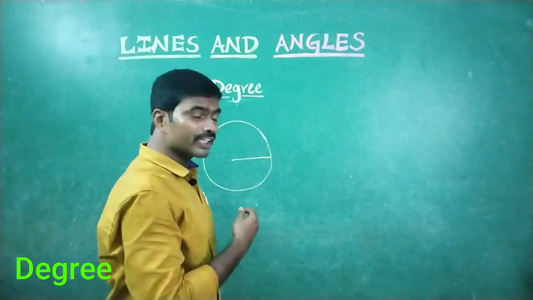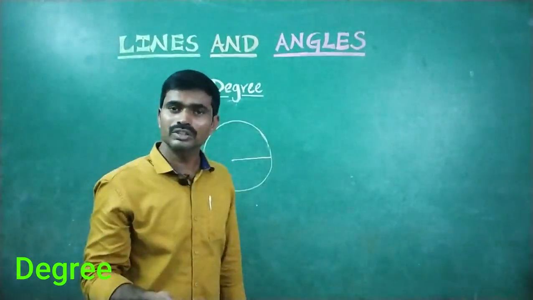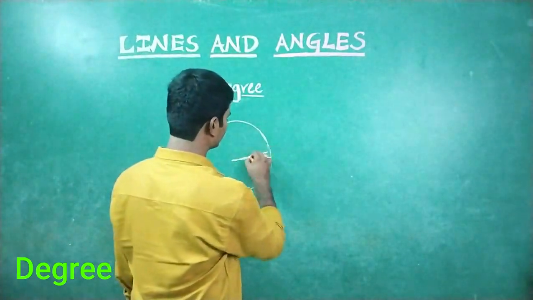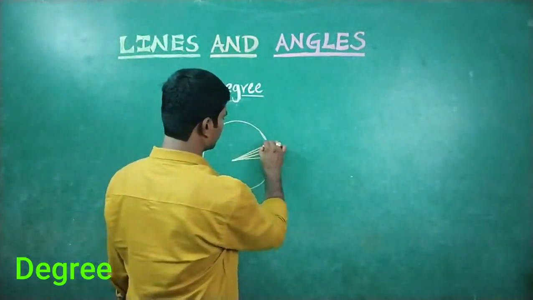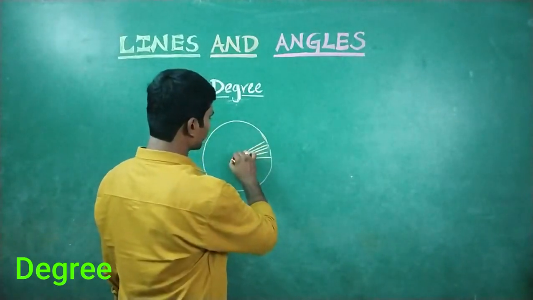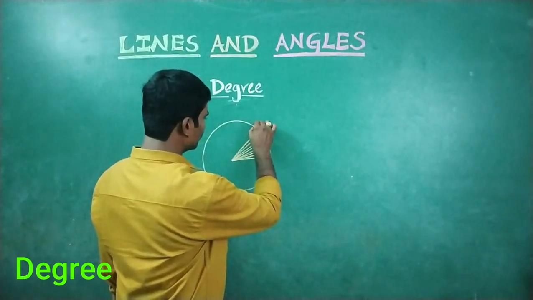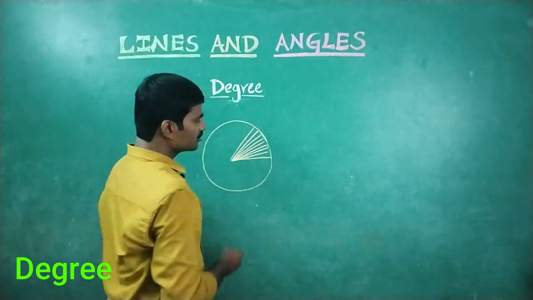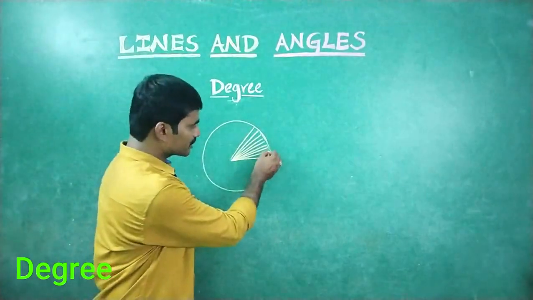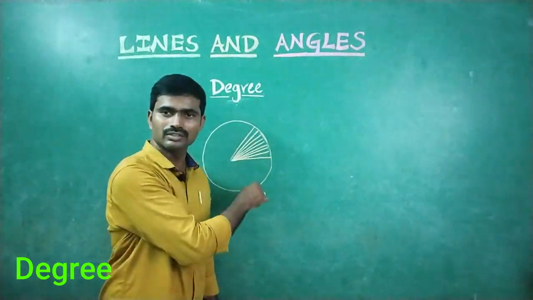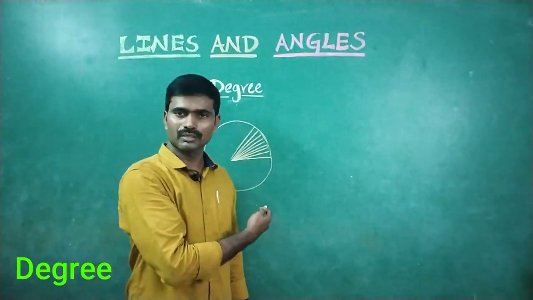If one rotation is divided into 360 equal parts, then each part is called a degree. So this is the definition of the degree.